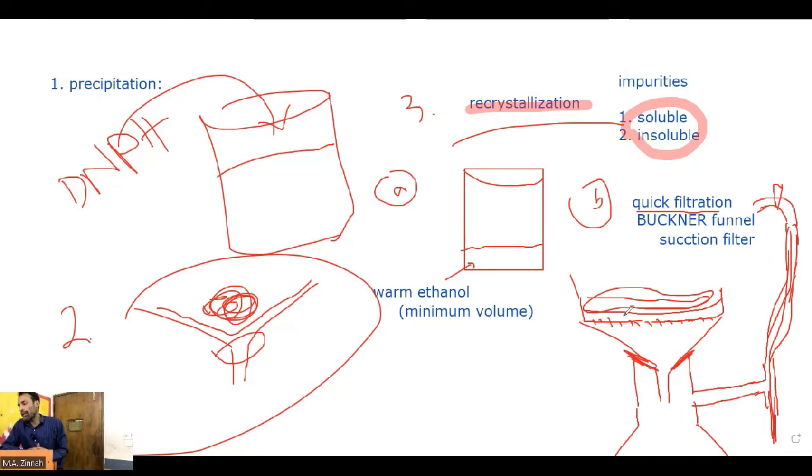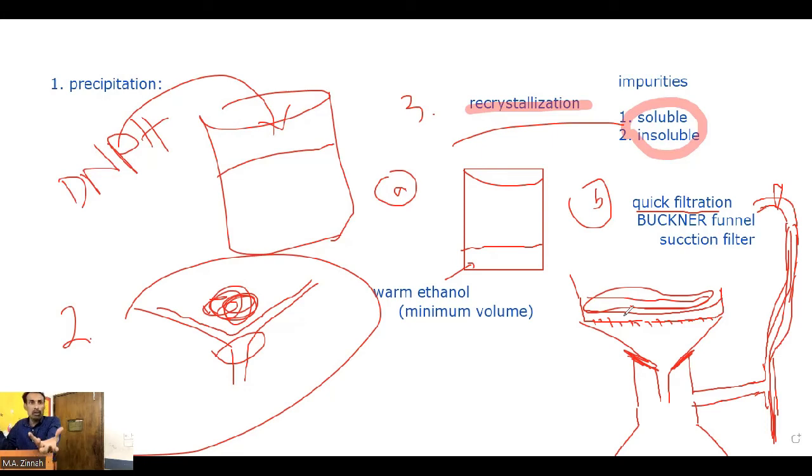A simple technique is to pour a small amount of warm ethanol, ethanol kept separately that is warm, a little into it, understand? The filter paper, the container and the funnel will be heated with that warm ethanol. Why warm? Because the solution we are adding there is also warm, right?